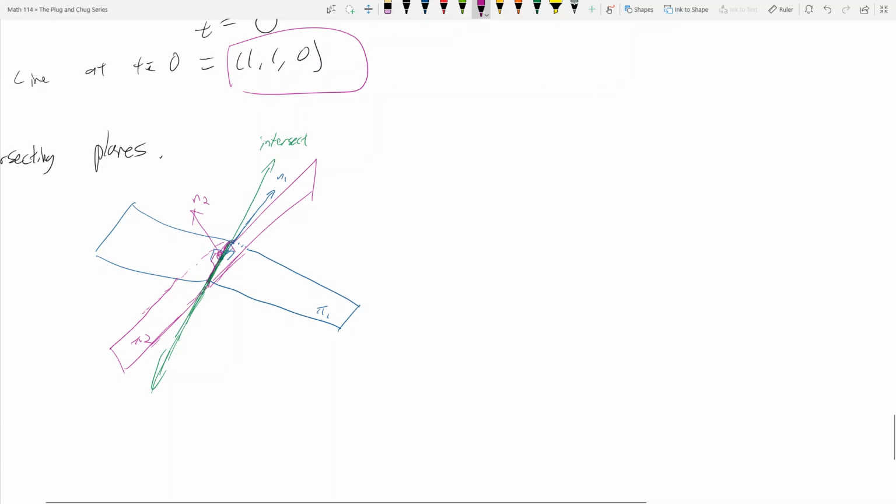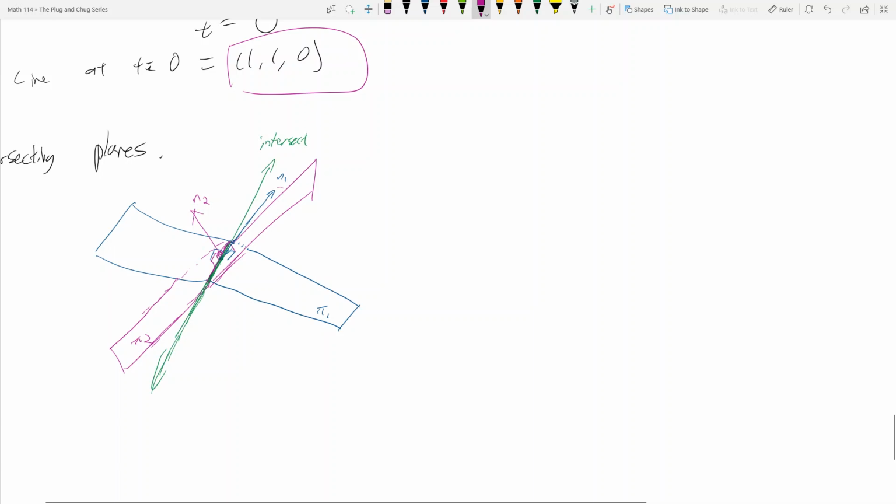The intersecting line is going to be perpendicular to both n1 and n2. So what does that mean? That means that the direction of the intersecting line is actually going to be the cross product of n1 and n2, the vector part. So remember, lines have a vector equation times t, and then you add a point.